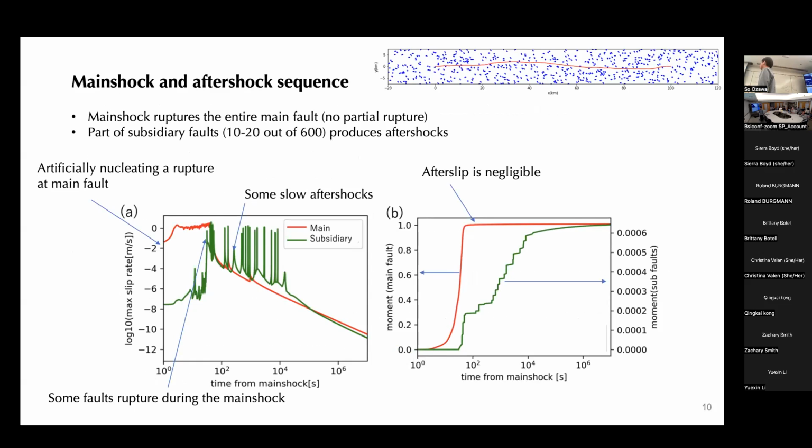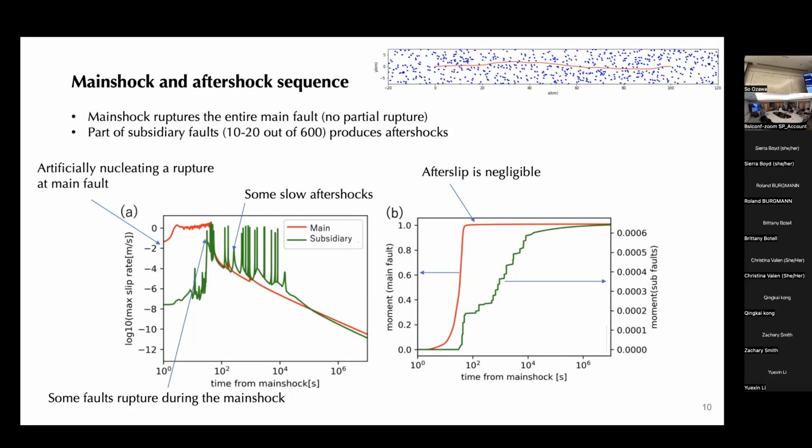First, I'm showing the evolution of the maximum slip rate on either the main fault or these small subsidiary faults. The vertical axis is the maximum slip rate, and you can see that the duration of the mainshock is around 100 seconds in this case.